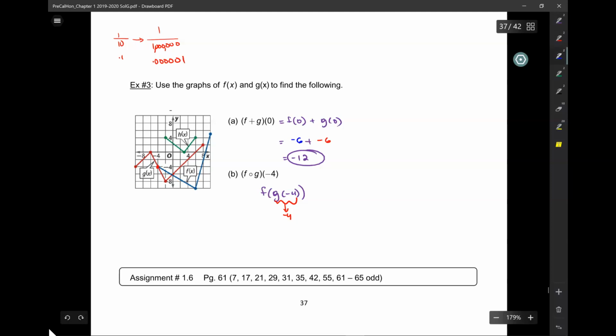And then when I go outside, f of that number, -4, is also -4. So f when x is -4 is also -4. So that's the answer to that one.